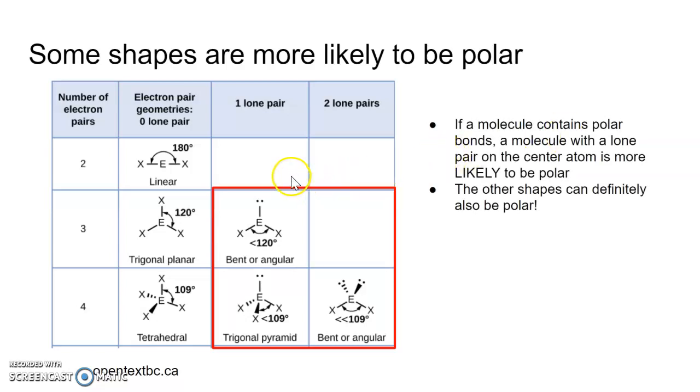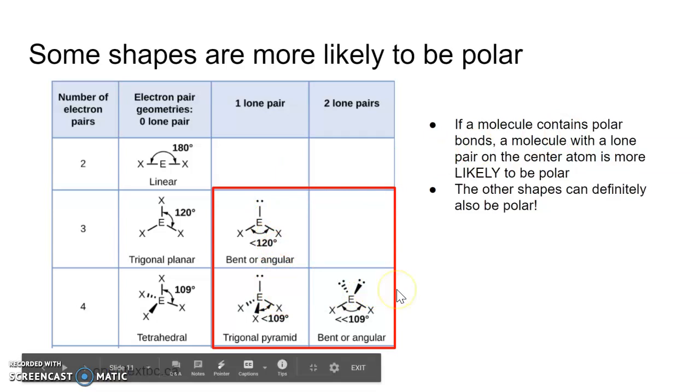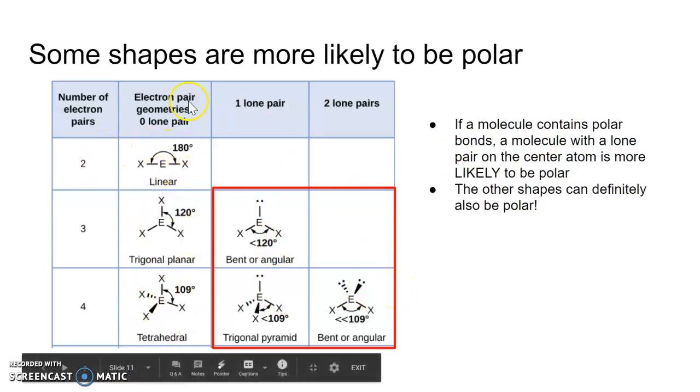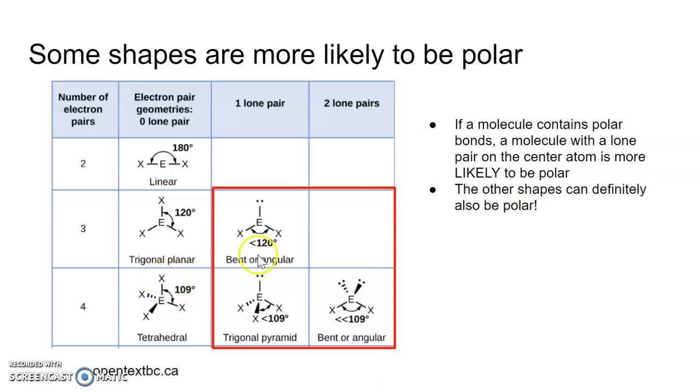Ones that have a lone pair on the center atom are more likely to be polar. You can also have these other shapes be polar as well, especially if the X atoms are not the same. That definitely means they're more likely to be polar, but just something to consider.